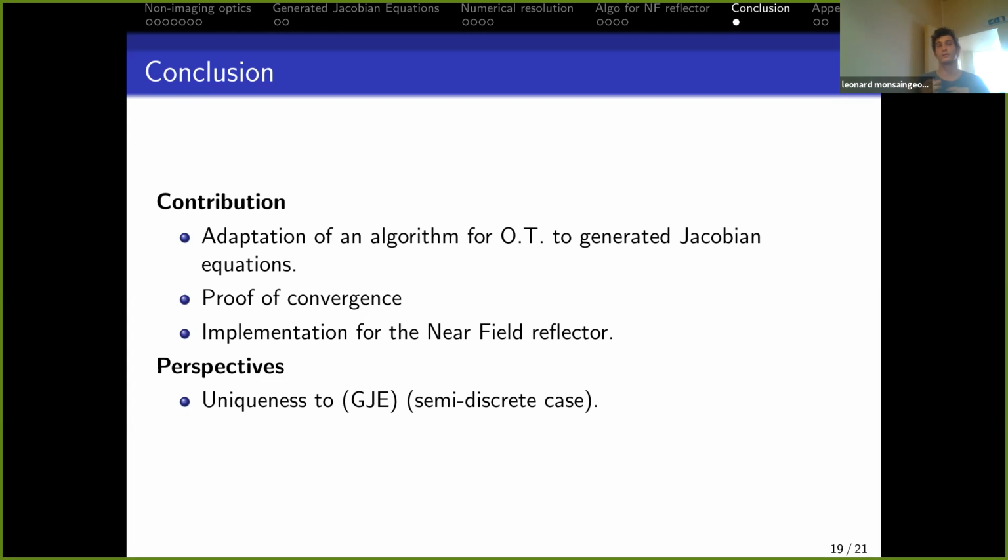There's a heuristic that has been found by both my directors, Boris and Quentin, which is that by solving several optimal transport problems, you can converge toward the solution of the generated Jacobian equation. But this is work in progress because there is no proof that the result actually converges. It does so numerically, but there's no proof of convergence.